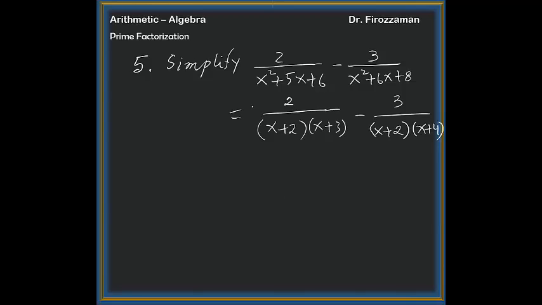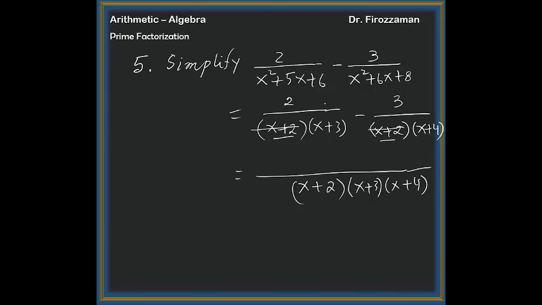Now as we said in our arithmetic problem before, we have seen x plus 2 is common, so we call it our GCF. So put your GCF here, and we just remove it like this, just to mention that we have taken it there. And the remaining factors are x plus 3 and x plus 4. We multiply them together. So you get x plus 3, x plus 4. Now we know that we need to cross multiply like this. So it gives you 2 times x plus 4 minus 3 times x plus 3.